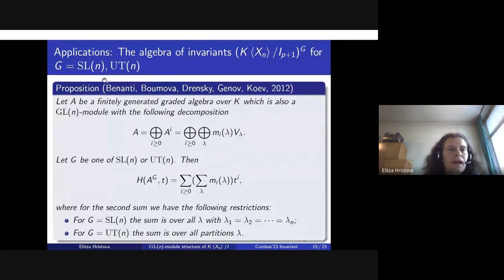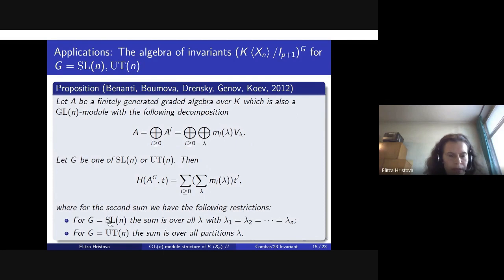Okay, and how are we going to compute Hilbert series? In the case when G is the group SLN or UTN, we'll use a proposition by Benanti, Bumova, Drensky, Genov, and Koev, which says that if A is a finitely generated graded algebra over the field K, such that each homogeneous component is a polynomial GLN module, and if we know the decomposition of A as a GLN module, then we can compute the Hilbert series of the algebra of G invariants using the following formula, where for the partition lambda, the sum here over the partitions has some restrictions.